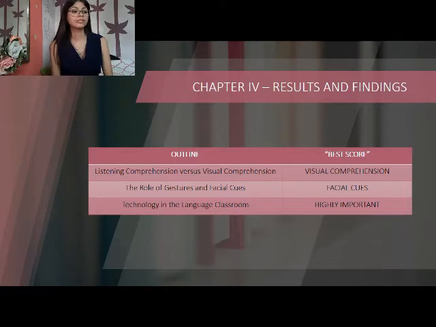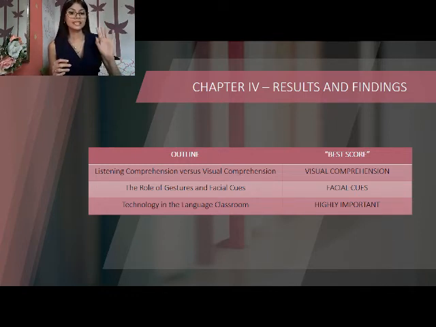Chapter number 4 is about results and findings. I did it in this way because I didn't want to show you the 12 pie charts, as there are a lot and I don't have a lot of time. So I made this little chart about the outlines and what students decided.